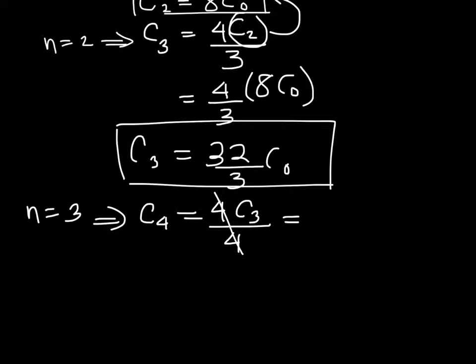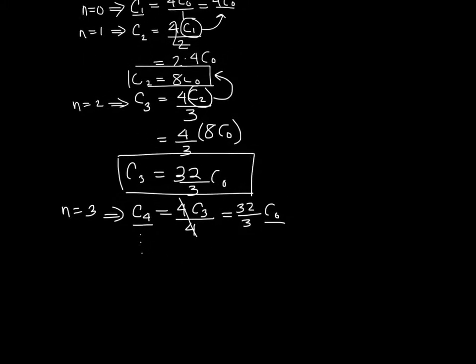Okay, so C4 is equal to C3, but C3, we figured out, was 32/3 C0. Okay, so we found some relationships. And again, you can keep going. I would do at least 3 or 4, but if you're having trouble seeing the pattern, then feel free to do a couple more and find more data.